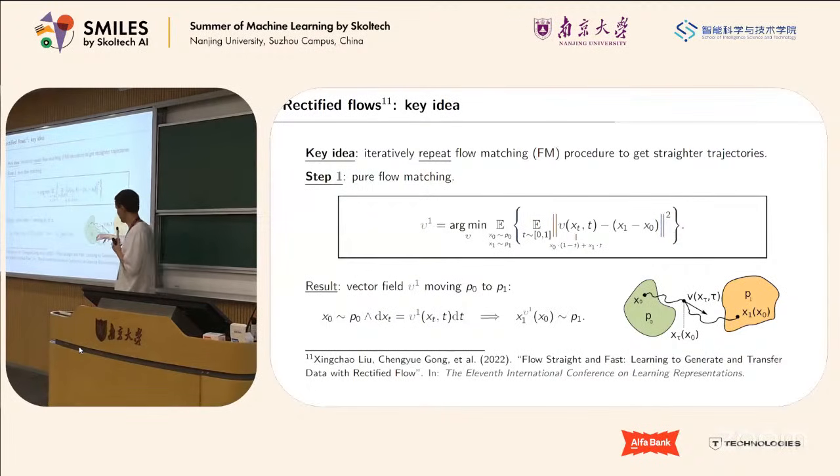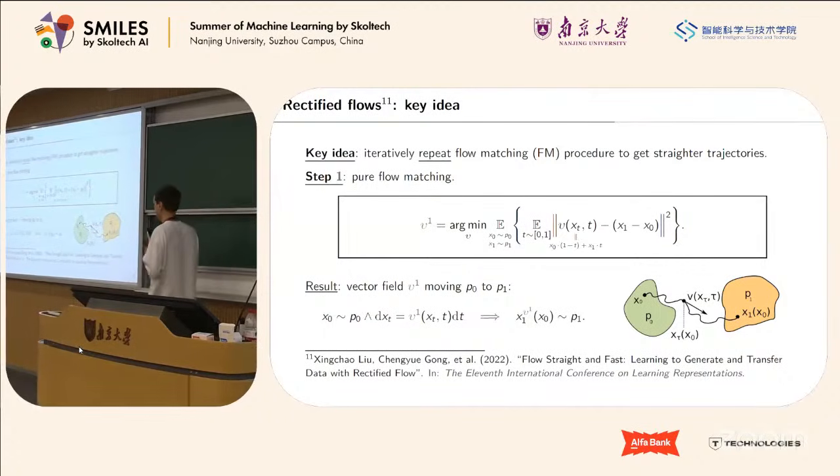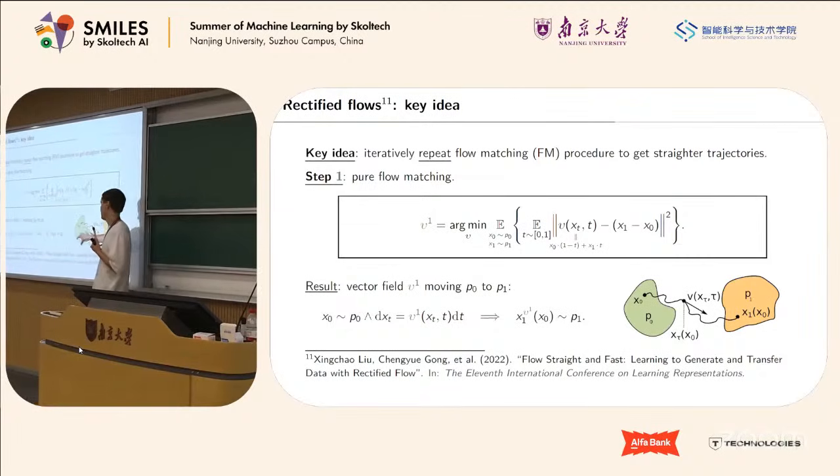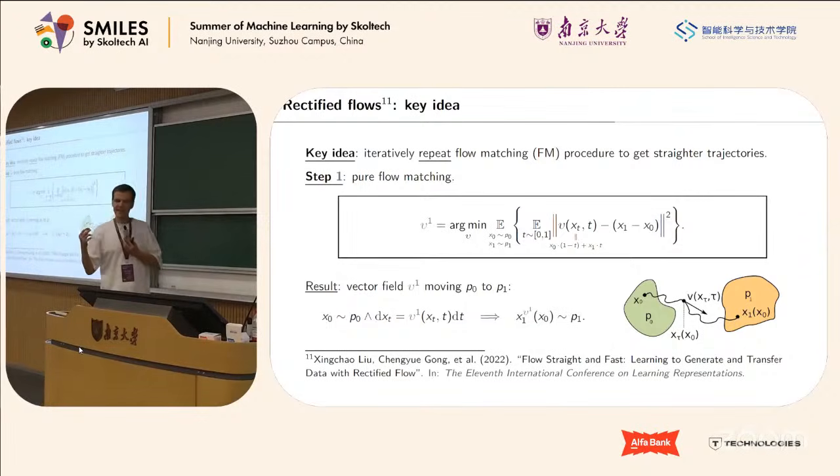If you take some point x0 from the input distribution and integrate it according to your learned vector field V1, then you will obtain some point x1 of x0, and the distribution of these points obtained by integrating different trajectories from P0 will be the true distribution P1. Roughly speaking, we obtain some kind of transport between P0 and P1.